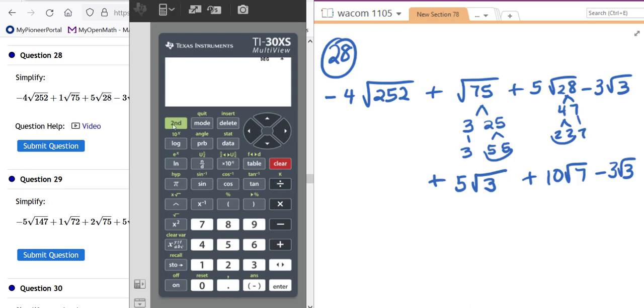All right, so we'll check, is it a perfect square? 252. I don't think so. It is not. Okay, so let's break it down. Well, I know there is a 2 in it. So 252 divided by 2 gives me 126. Still not a nice number.